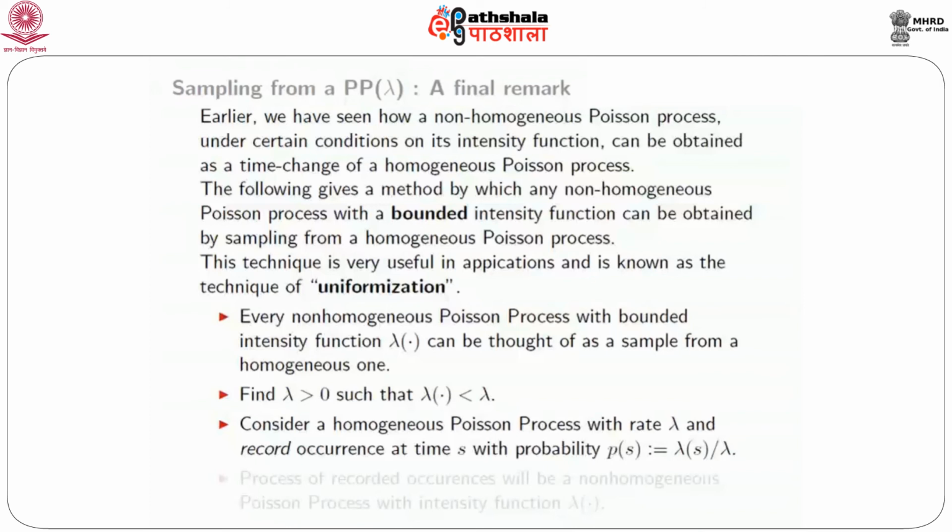Now, because by choice of the constant lambda, lambda(s) is less than lambda for every s, therefore p(s) is less than 1. So, it makes sense. Every occurrence at time s is recorded with probability p(s), which is lambda(s) over its upper bound lambda.